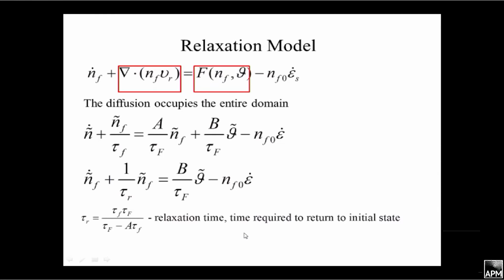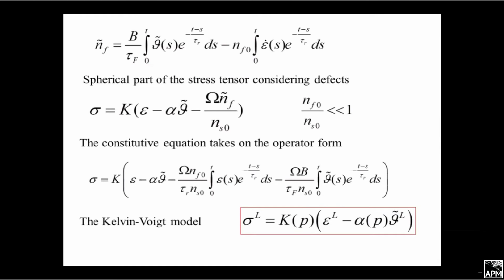It's the time required for the system to return to its initial state. Now, after integrating this equation and substituting it into the constitutive relation, we obtain this relation in operator form, and it reminds us of the Kelvin-Voigt model.